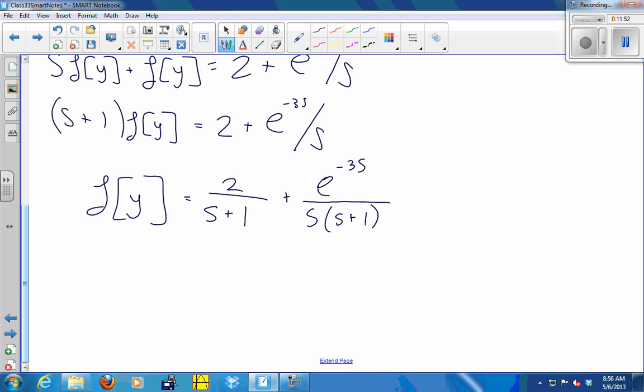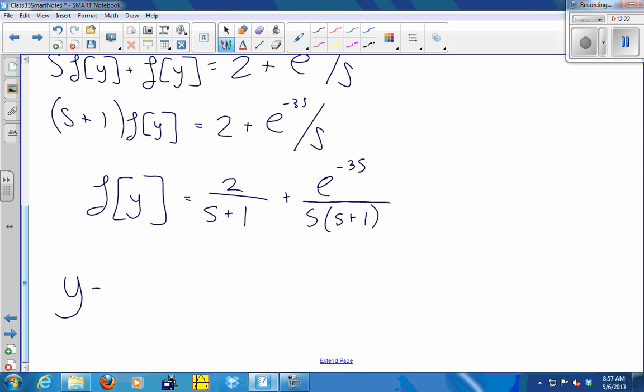So at this point, last class, we only know one Laplace transform, right? So I have to figure out a function y whose Laplace transform is this thing, right? The 2 over s plus 1 I can do because I only know functions whose Laplace transform looks like 1 over s minus a. Right now, those are the only kinds that I know. So I can do the first one.